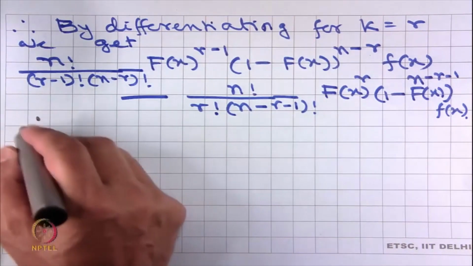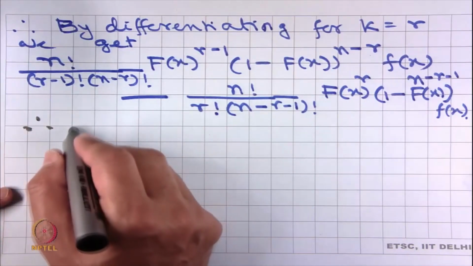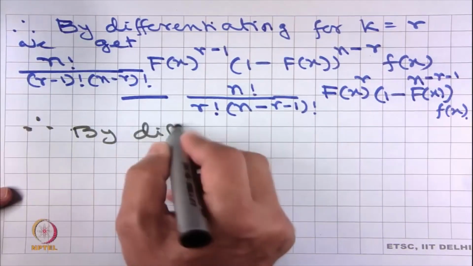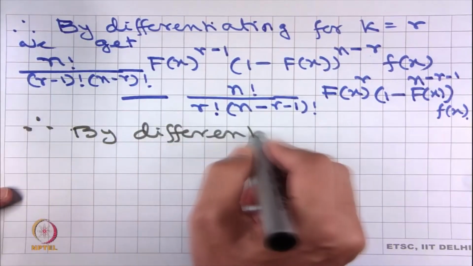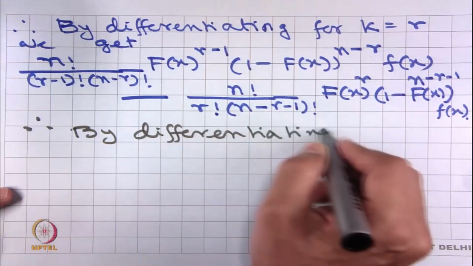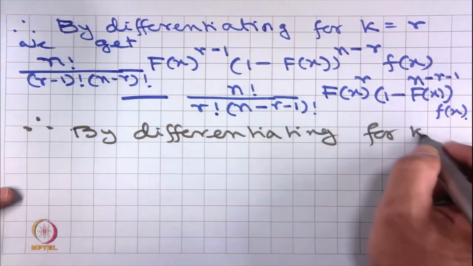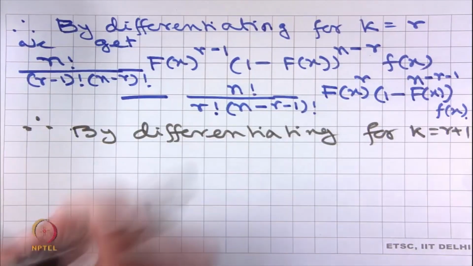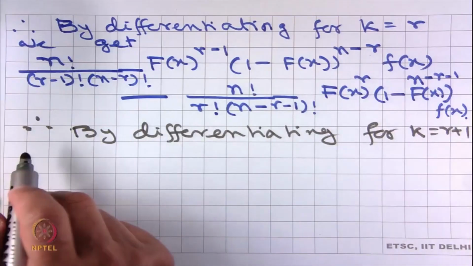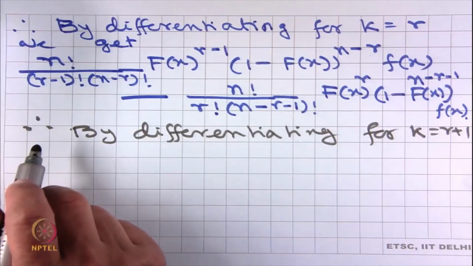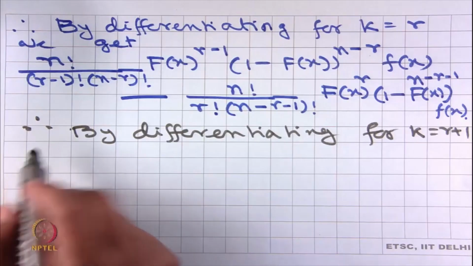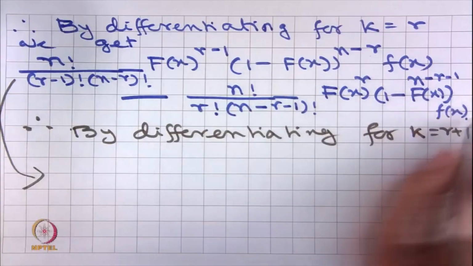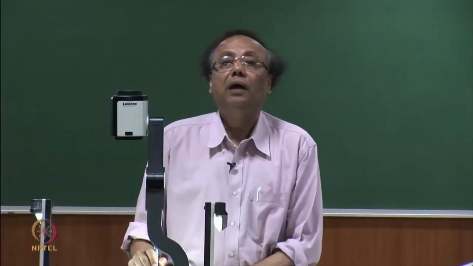Therefore, by differentiating for k is equal to r plus 1, what shall we get? We shall get a very similar expression where r is replaced with r plus 1. Just notice I will be replacing everywhere r with r plus 1.